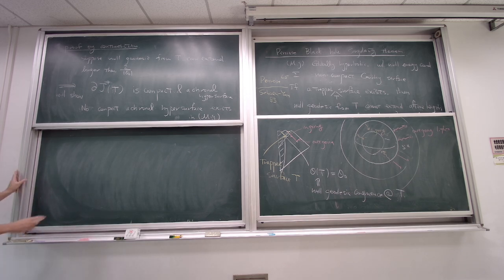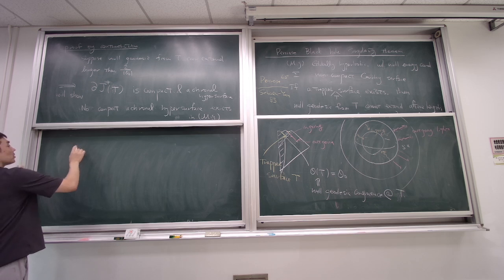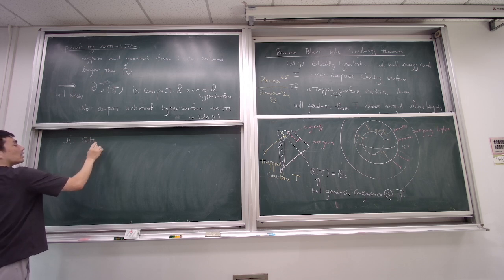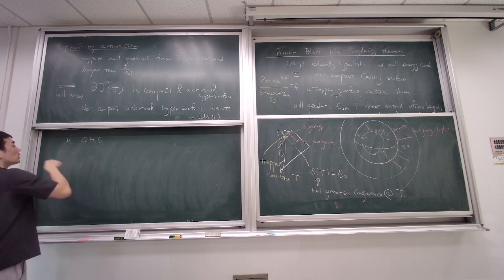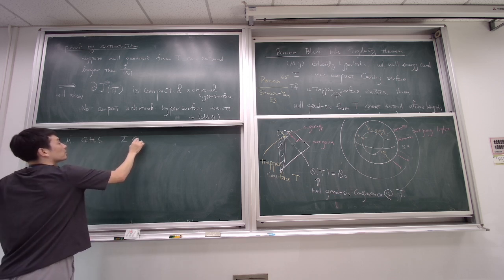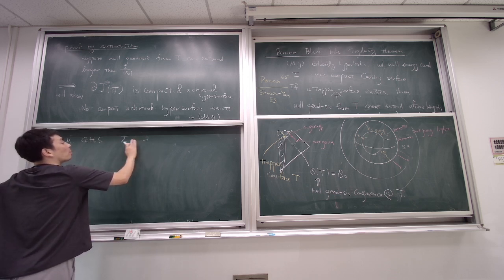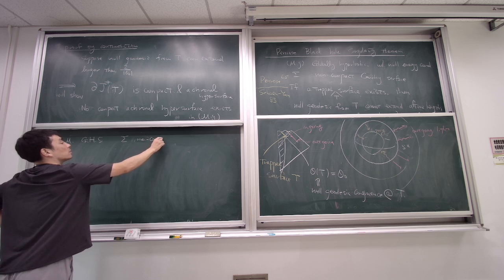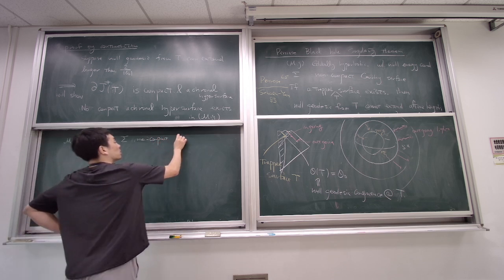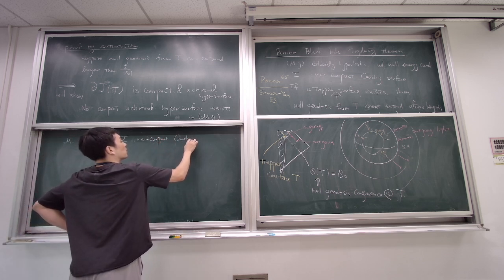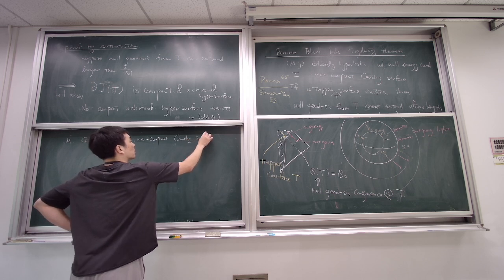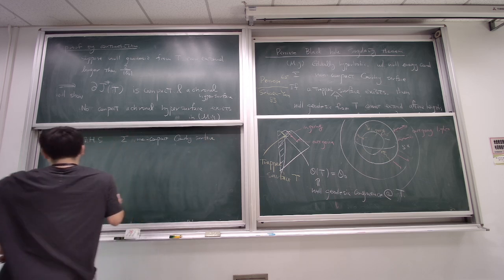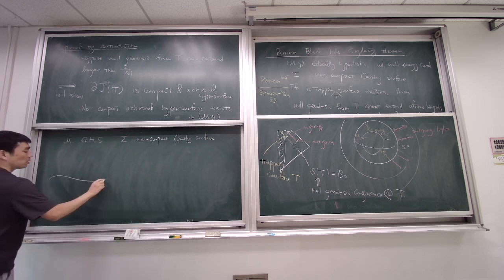The hypersurface, so it's a Cauchy surface. M is this globally hyperbolic spacetime, and Sigma is a Cauchy surface, compact or non-compact.